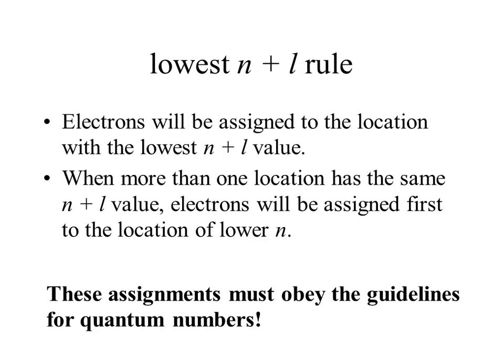In the case we saw a minute ago, 2p and 3s both have an n plus l value of 3. What this is saying is the first one we find homes for electrons will be 2p, and then we'll find homes for electrons in the 3s.